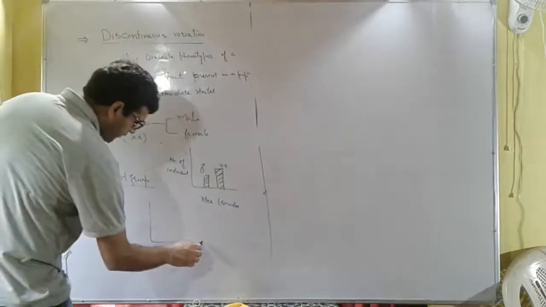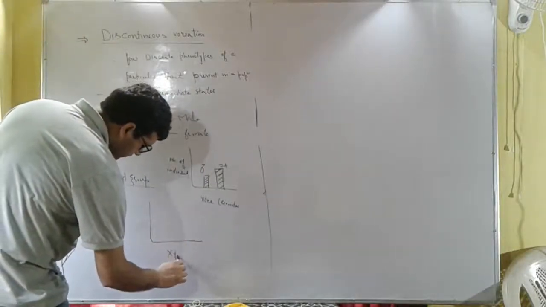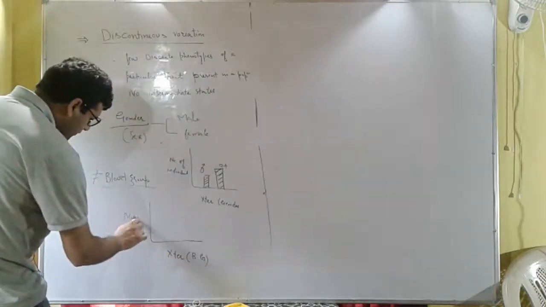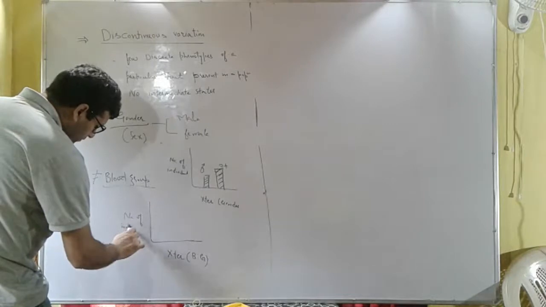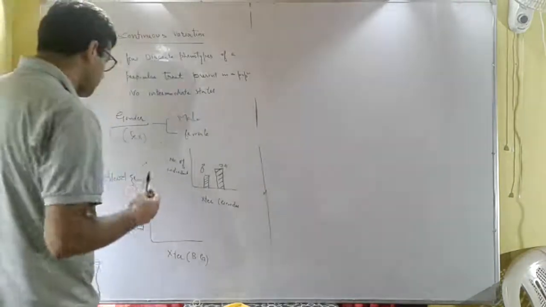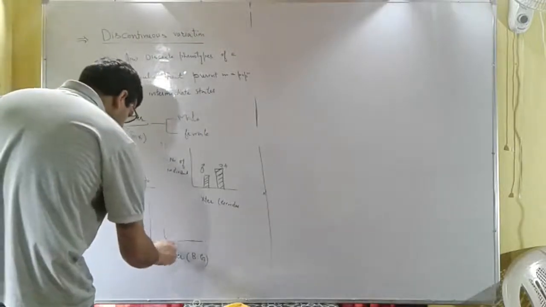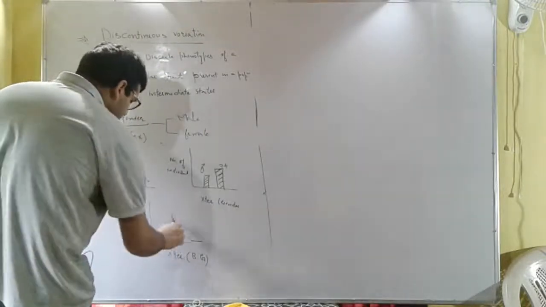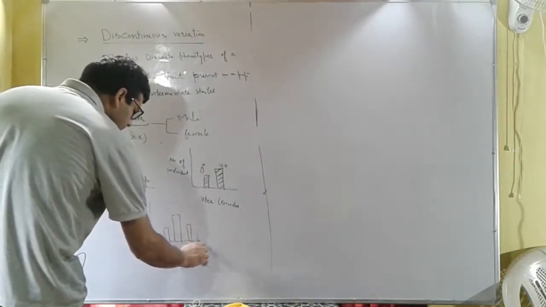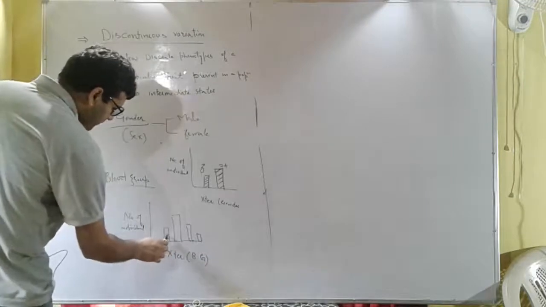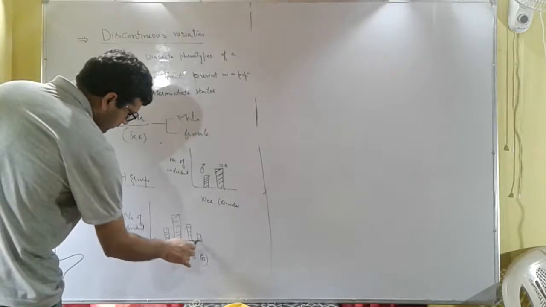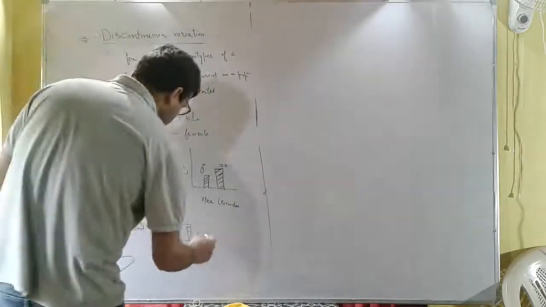For blood group, the character is blood group and this is the number of individuals, and we'll represent this in the form of a bar graph. Some individuals would have A blood group, then B, AB and O. These are example blood groups.